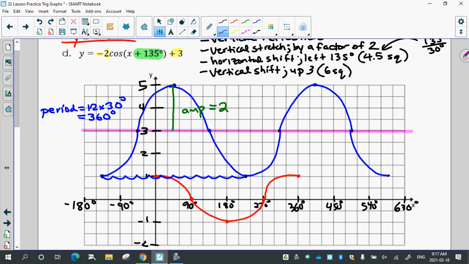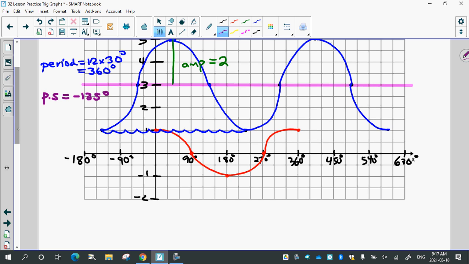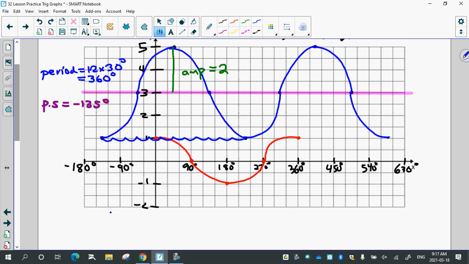And then phase shift is right from the equation, so it's left 135 degrees, but we call that, because of physics, negative 135 degrees. And then domain and range. So just for what you drew, you want to figure out where does it start, the leftmost place that it starts.